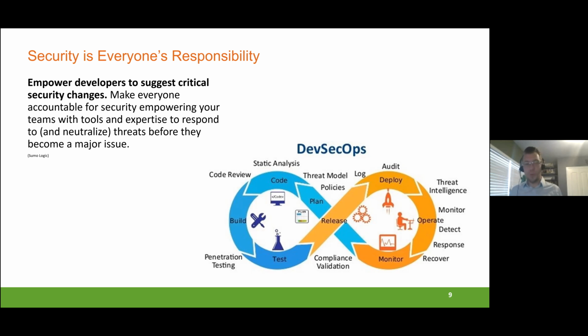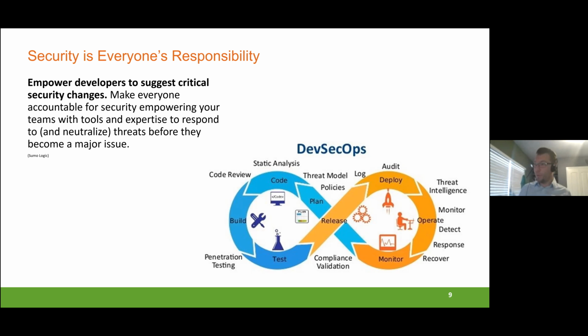You're only as strong as your weakest link in an organization and in many other aspects of life. So making everybody accountable for security and empowering teams with tools and expertise to respond to and neutralize threats before they become a major issue.